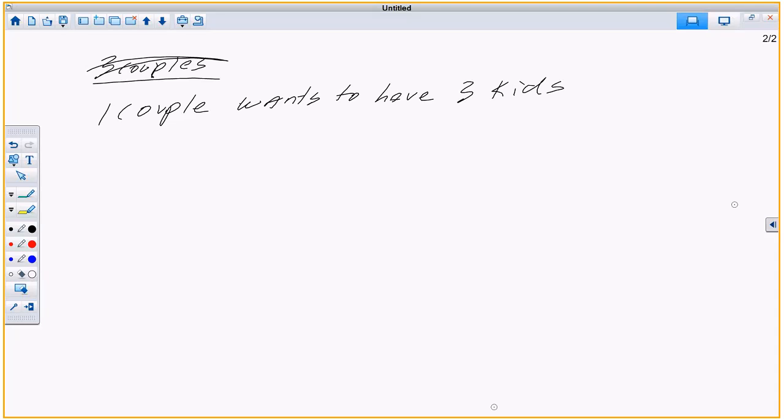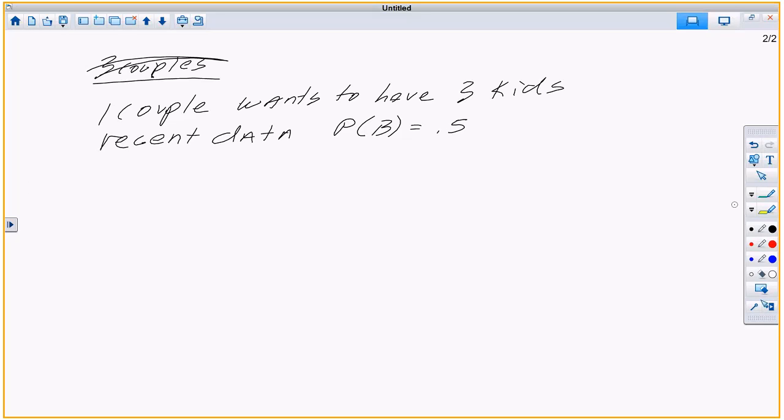And with recent probability data, recent data suggests that the probability of a boy is equal to 0.5, well, let's go with 0.4 because it's usually lower, 0.47.